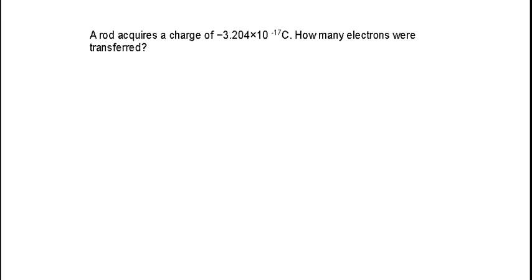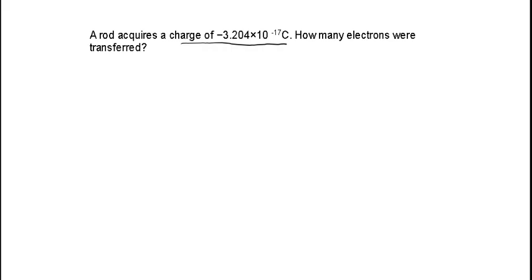It says a rod requires a charge of negative 3.204 times 10 to the power negative 17 coulombs. How many electrons were transferred?